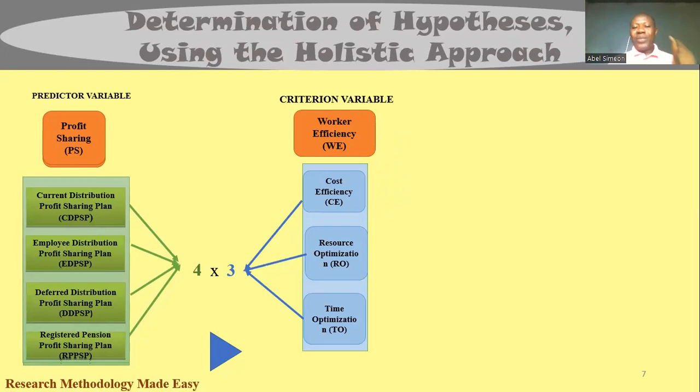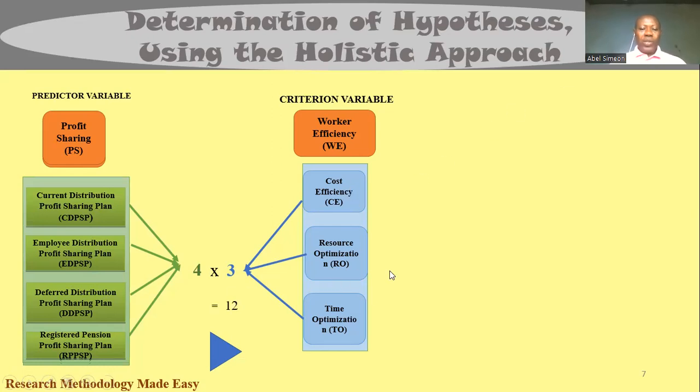In the case of determination of the research objectives, you say 4 times 1, where that 1 refers to just the dependent variable, not the measures. But in the case of determination of research hypothesis, you just multiply the dimensions by the measures, that is, the measures of the independent variable by the measures of the dependent variable.